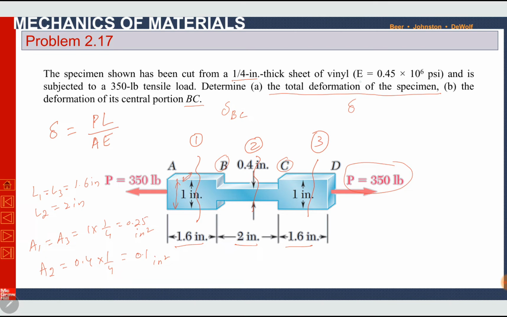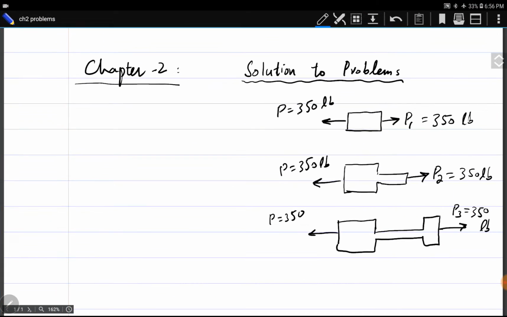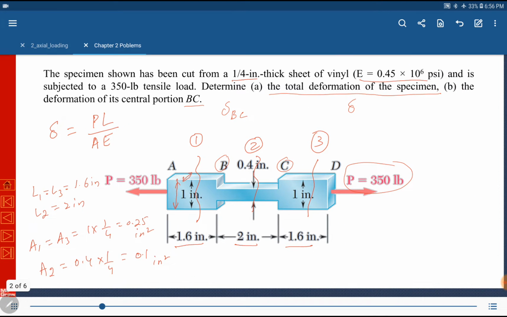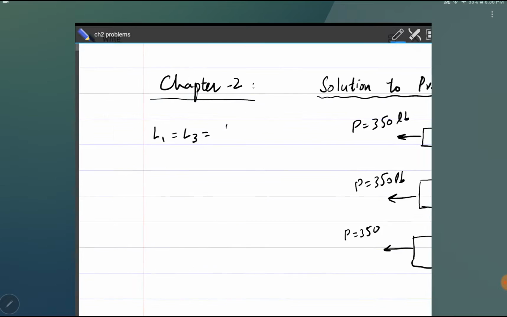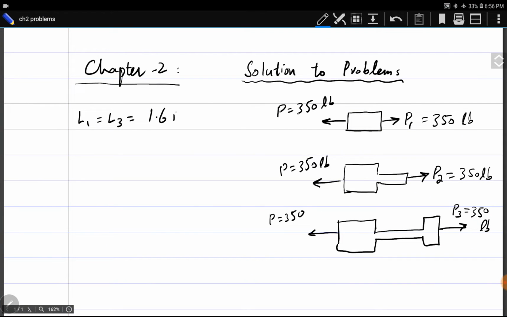E is the same, E1, E2, and E3, all the values of E are the same. So here I will write L1 and L3 are equal, they are 1.6 inch each. L2 is 2 inches.